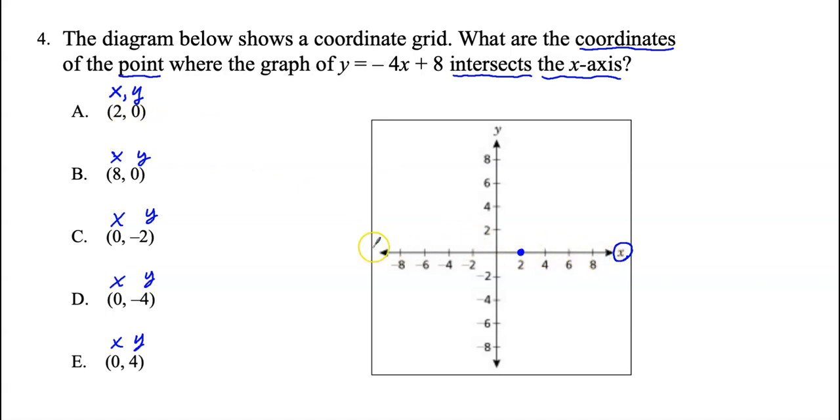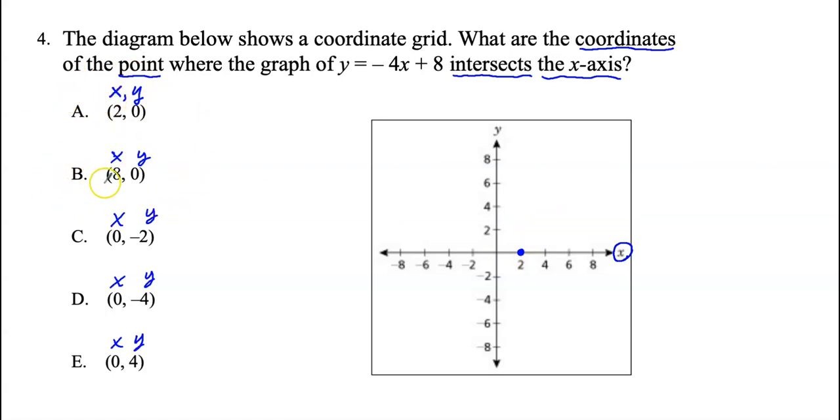Here's my x-axis, right? This whole line across here, and this point's touching it. It falls right on top of the x-axis. And remember, that's what we're looking for. We're looking for a point that touches or intersects the x-axis. Since this point does, I need to keep A as a possible answer choice.